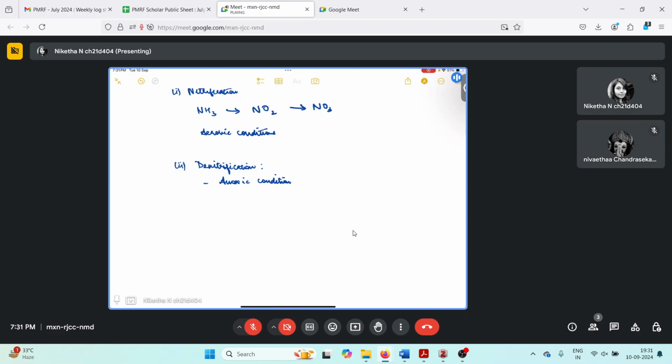In anoxic conditions, the bacteria will use nitrate as a source of oxygen, oxidizing the organics. So instead of oxygen, the electron acceptor here is nitrate or nitrite.